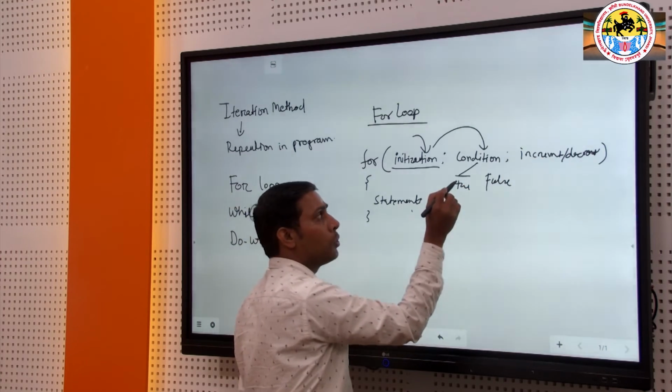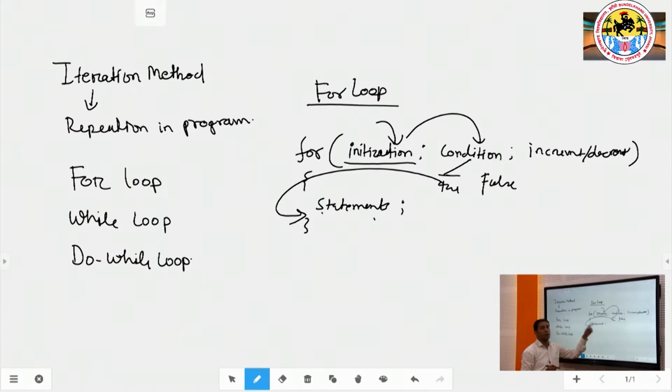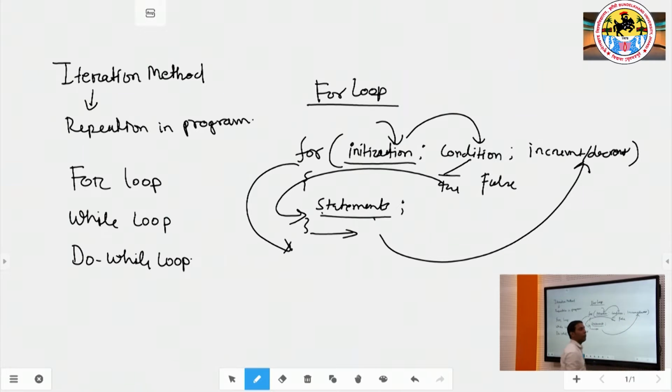If the condition is true, then we move into the statement. If the condition is false, we quit from the loop. Is that clear? If the condition is true, we move inside the statement, and after printing the statements, we move towards the increment or decrement.